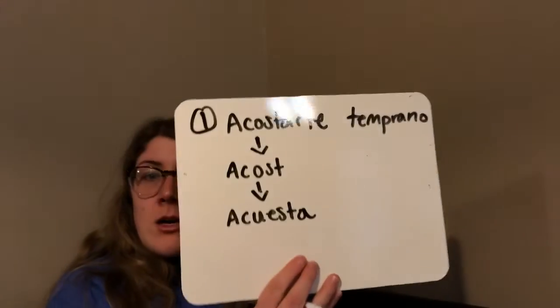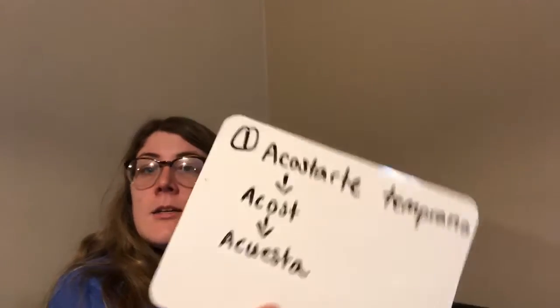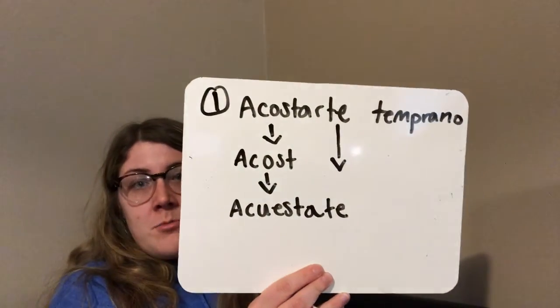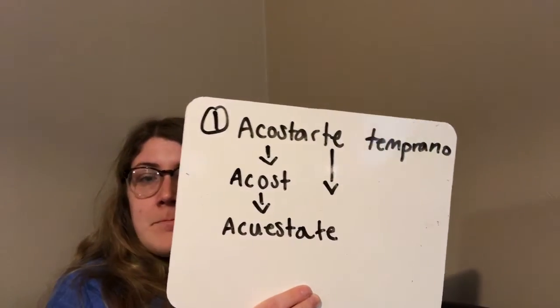So I have acuesta. Now, acostar is a reflexive verb, so I need to take that te and put it down at the end. Acuéstate. But I need to add in an accent mark because that is where the emphasis of the word is stressed. So the accent mark is going on the E in my stem.